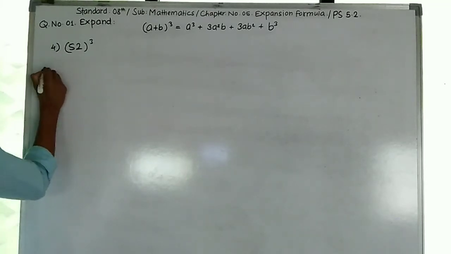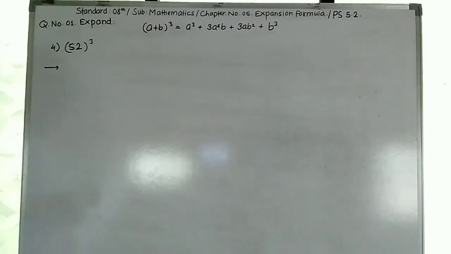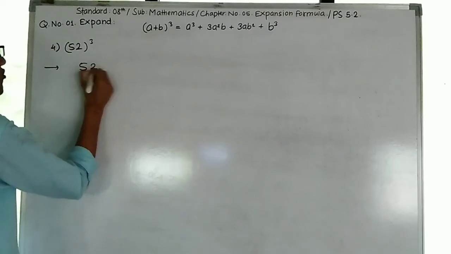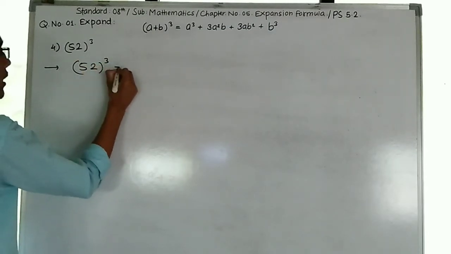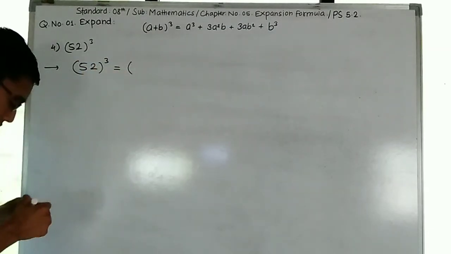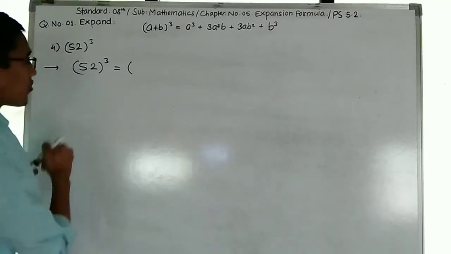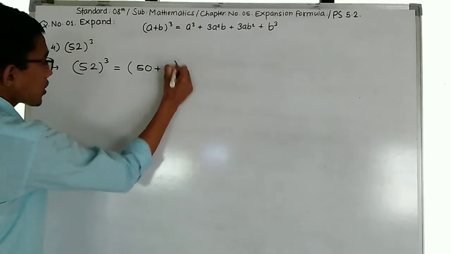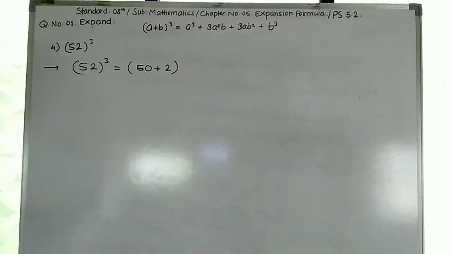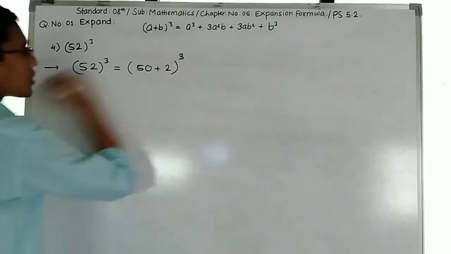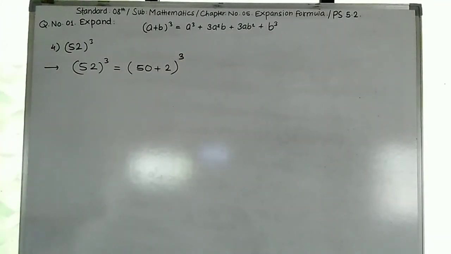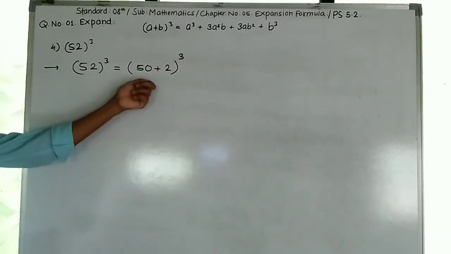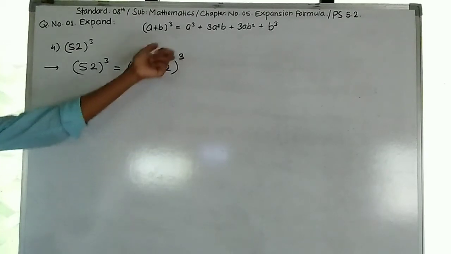So, we want to find the cube of 52. So, how we can find it? I can write 52 raised to 3 equal to. Now, 52 is nothing but 50 plus 2, correct? What is 52? It is nothing but (50 plus 2) raised to 3. Now we have got the term as (50 plus 2) bracket raised to 3.